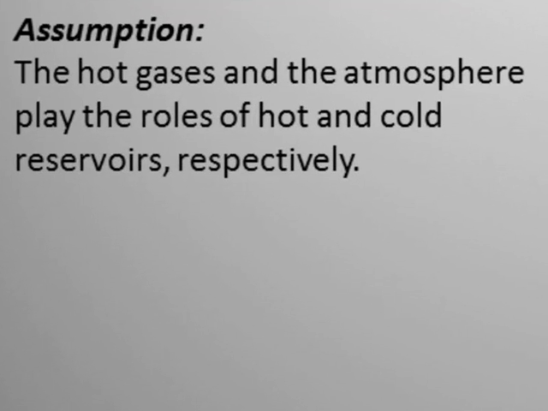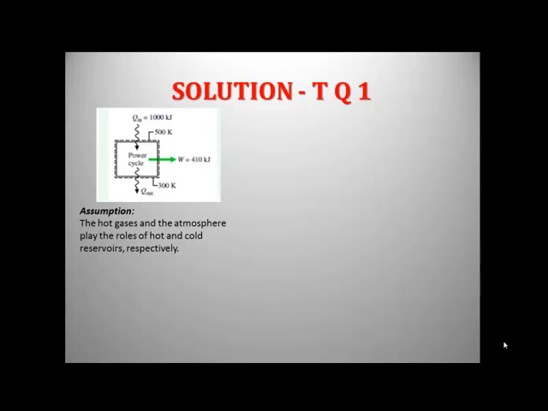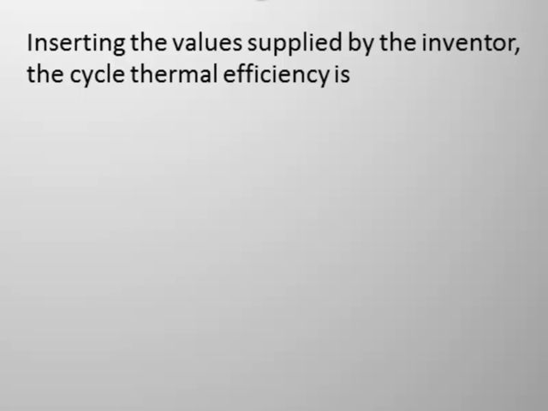Now let's make this assumption. We are assuming that the hot gases and the atmosphere will play the role of the hot and cold reservoir, and so we'll first of all calculate the actual efficiency claimed by the inventor. Now let's insert the values into the formula. Efficiency equals work output over heat input.